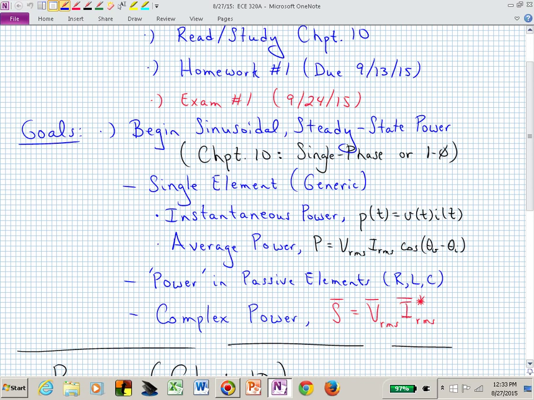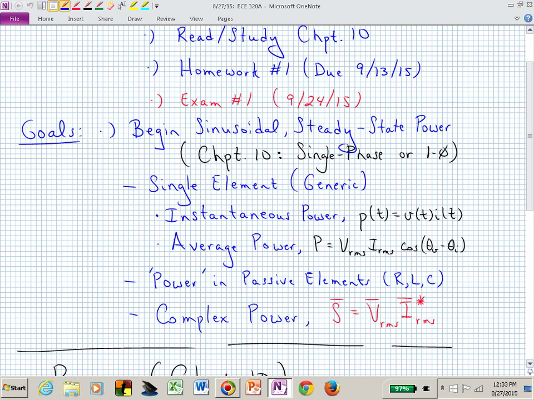If you know the voltage of an element and its current, then you can multiply the phasor voltage times I star. That's not convolution in this case. That's the complex conjugate. That wouldn't make sense if these were unbarred, to have a conjugate symbol above a number. You can't conjugate a number, you need a complex value to conjugate it.